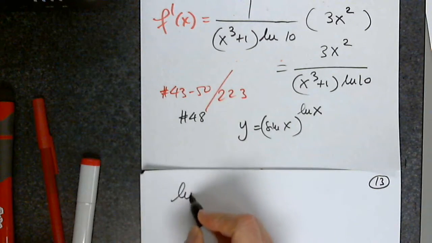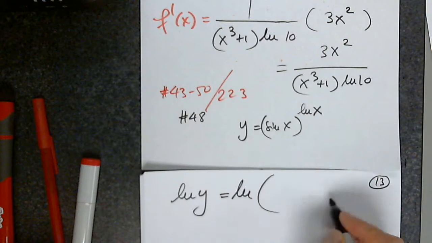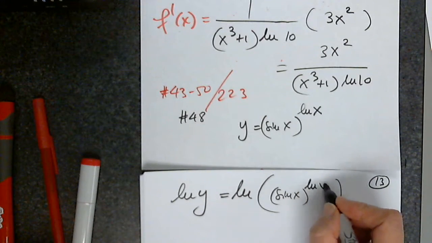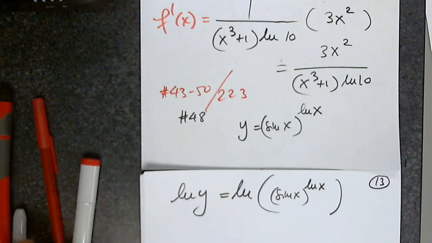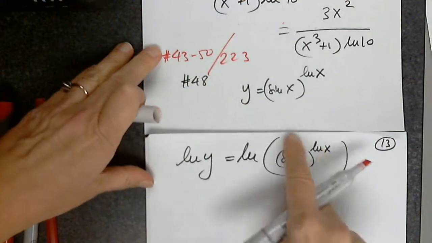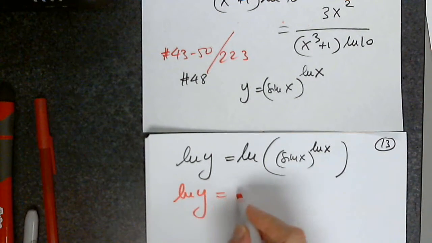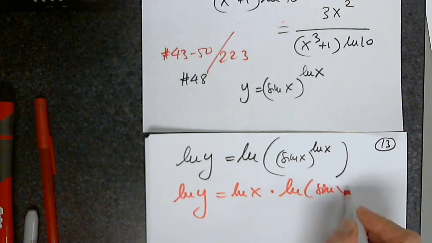Yes, so natural log y equals natural log of sine x raised to natural log x. Good. What will be the second step? Yes, natural log x becomes a factor in front. So natural log y equals natural log x times natural log applied to sine x.